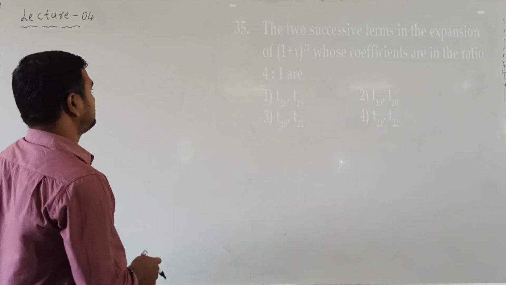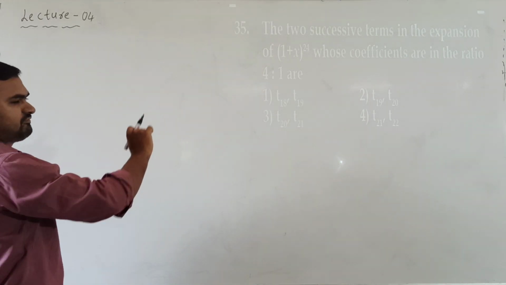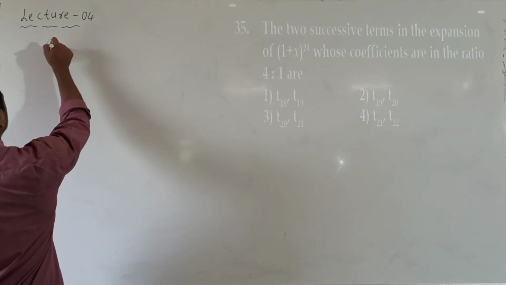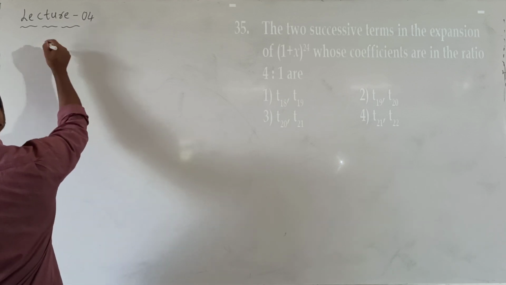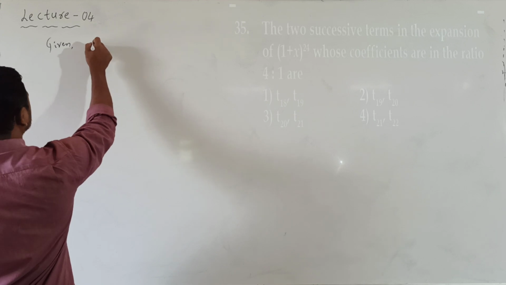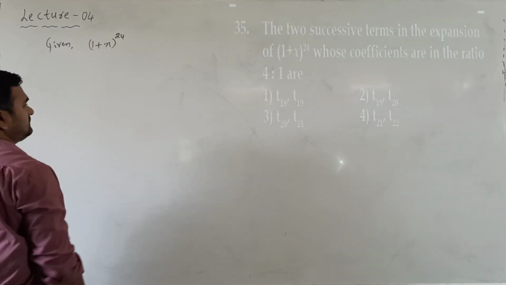So like that we can take, and we have to find that R value. Once we know R, we can find the required terms. So expansion given is 1 plus x whole to the power of 24.